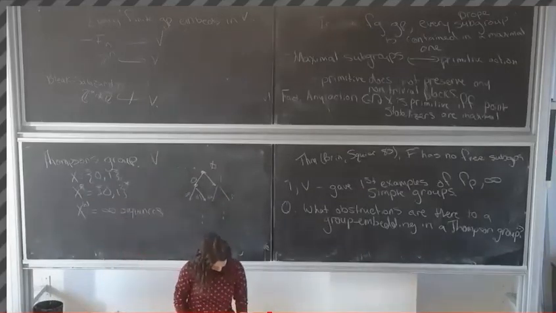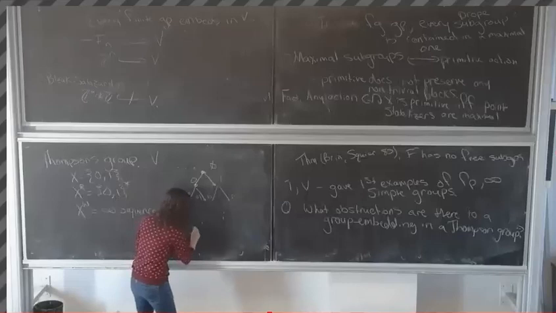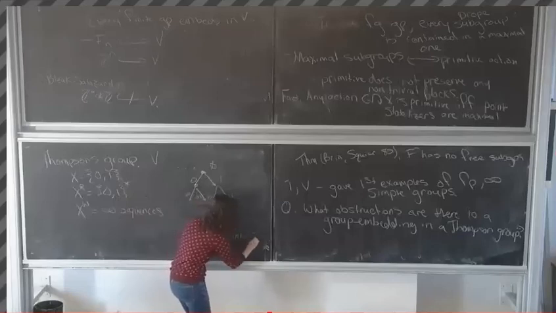The vertex set here is this X star, and the boundary of my tree is my X omega set, which again, we're generally going to think about as a Cantor set.